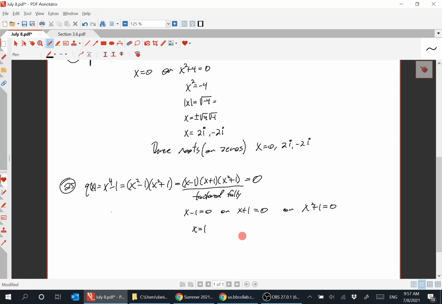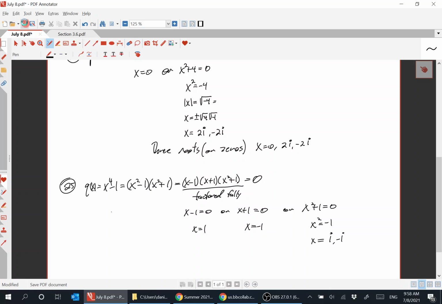This one means x is equal to 1. This one means x is equal to negative 1. And this one means x squared is equal to negative 1, so x is plus or minus the square root of negative 1, which is i or minus i. So we've got 4 roots: 1, negative 1, i, and minus i.